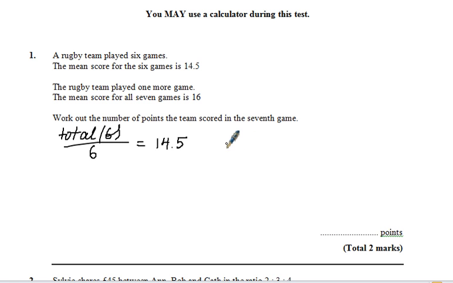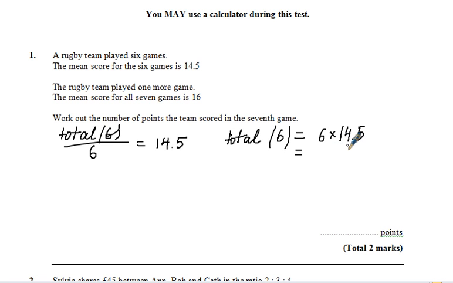All right, so I'm just going to write here in words: total for 6 games would be 6 times 14.5, and on your calculators you can find out that 14.5 times 6 is 60 plus 24 plus 3.